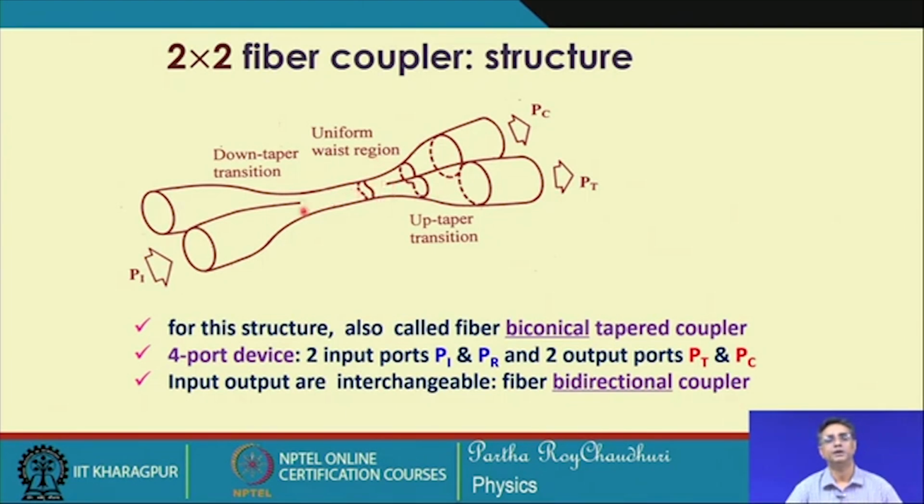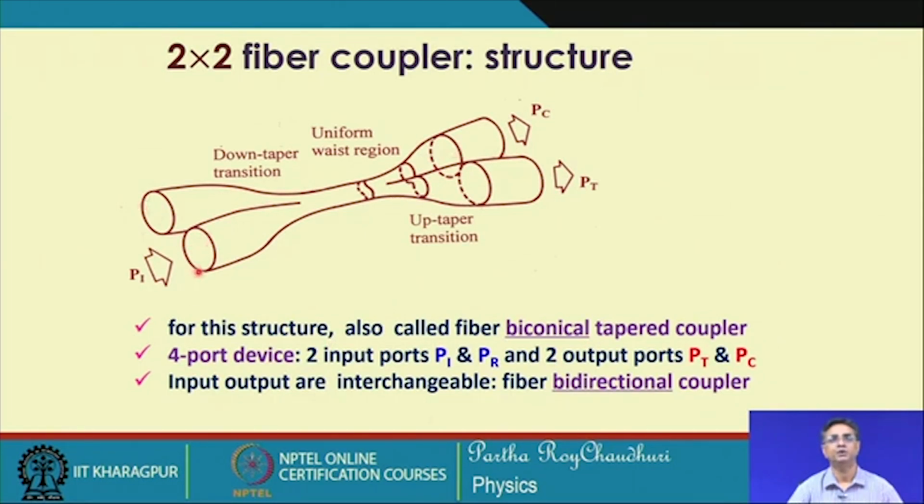As a result, there is an optical interaction, and light launched into one of the fibers will be available in both fibers. So, it behaves as a beam splitter normally. This structure is also called a biconical taper structure, because you have two conical tapers, one here and another here. So, it is called an FBT coupler and it is a 4-port device.